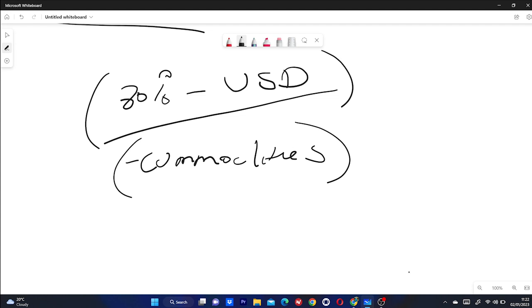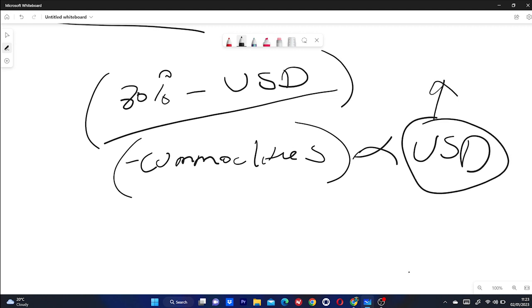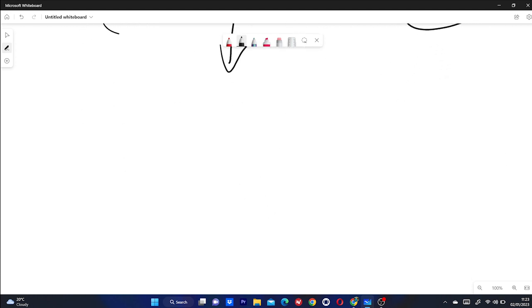And what you have to know is that those commodities are inversely proportional to the USD. So if the price of the USD goes high, the price of the commodities goes down. That is the thing you have to know there, that the US dollar is the safe haven.